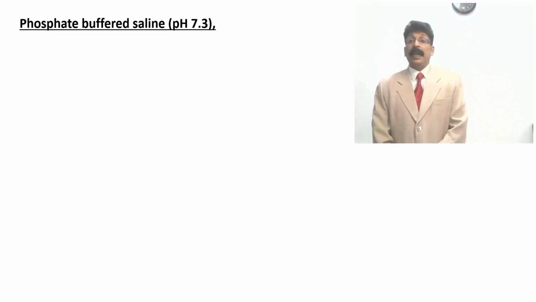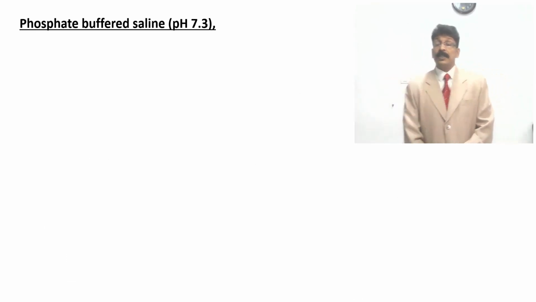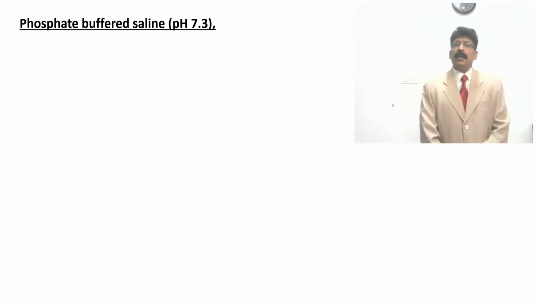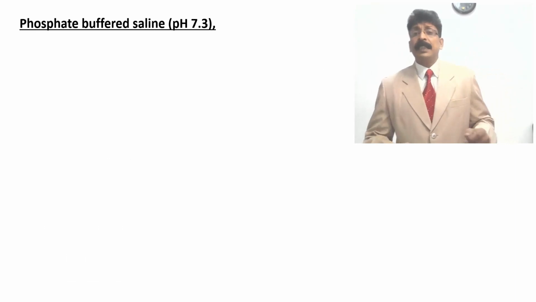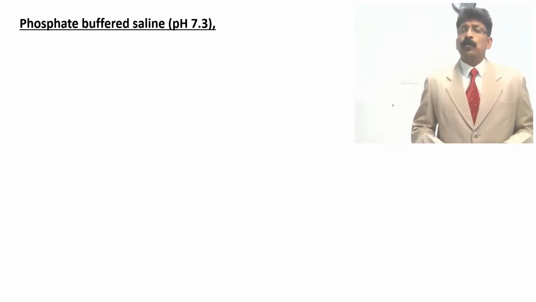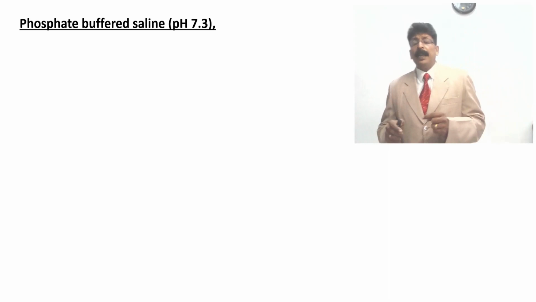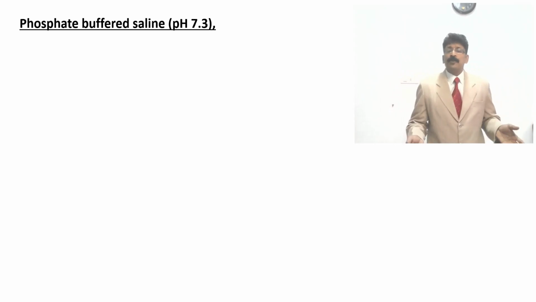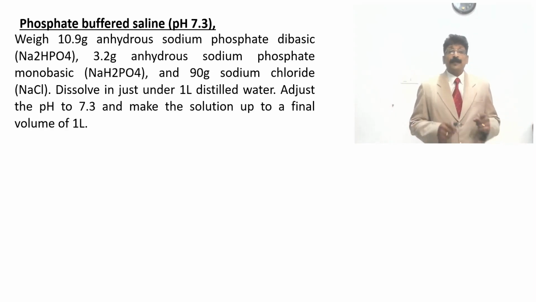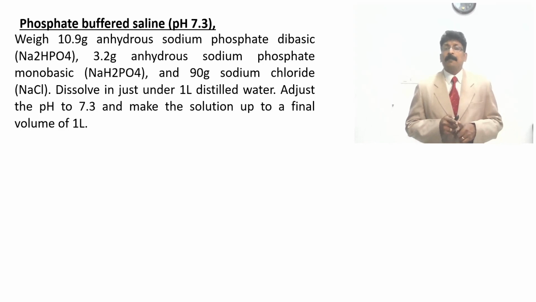We start with reagent preparation. Ready-made reagents are available, but students should not depend on them, and we should know how to prepare them if we have the chemicals. This is phosphate buffered saline, pH 7.3.